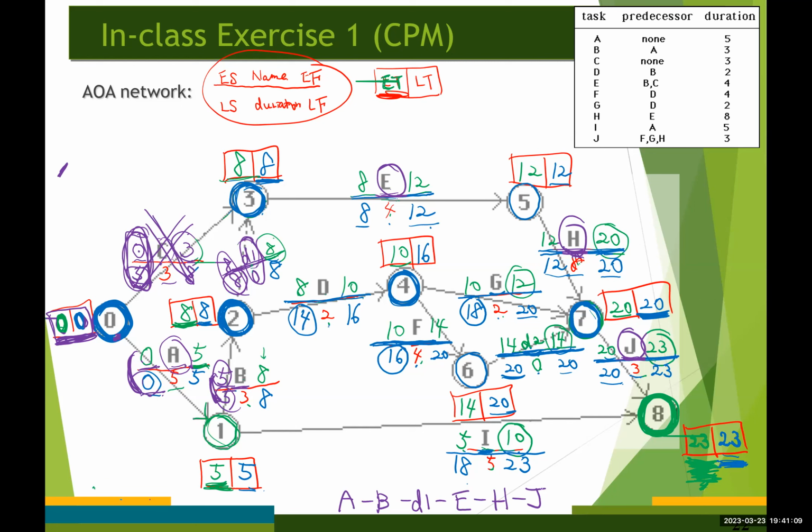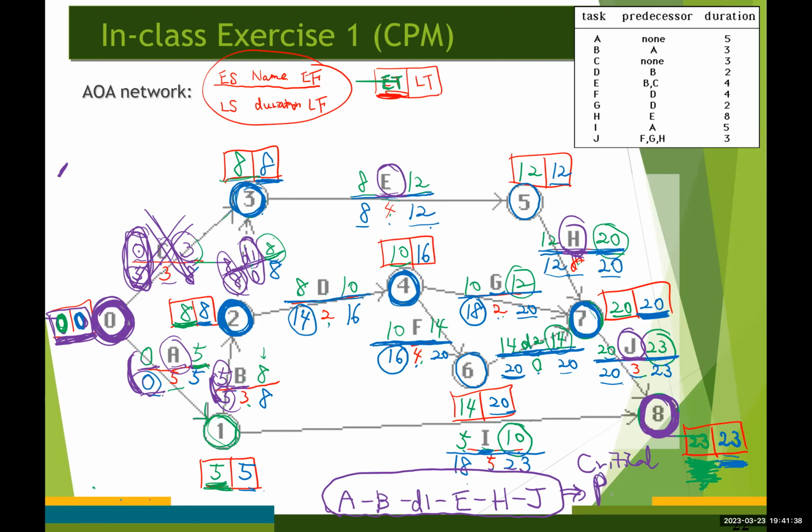You remember, a path from the start node, which is node number 0, to the finish node, in our case node number 8, that consists entirely of critical activities. It's called a critical path.